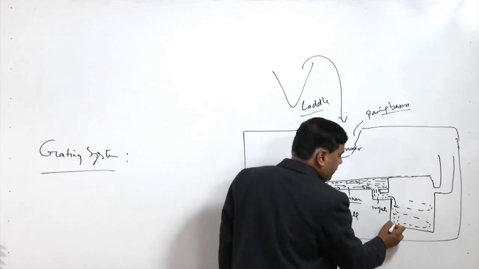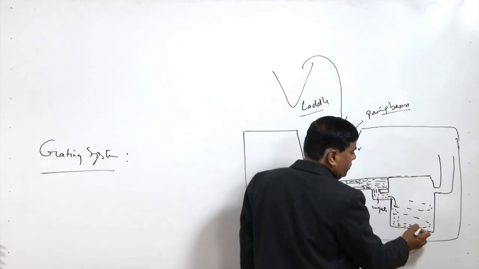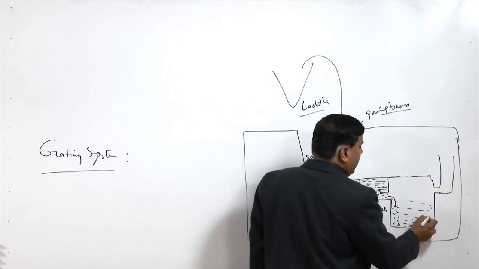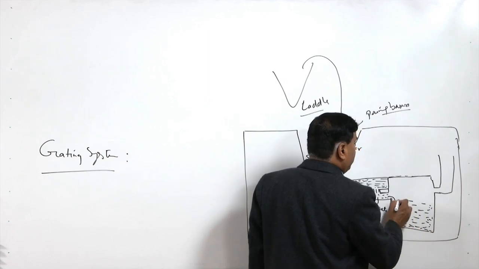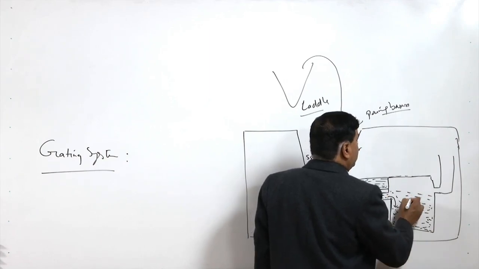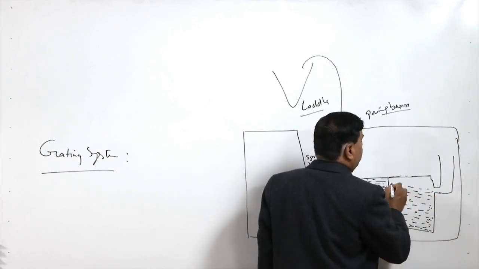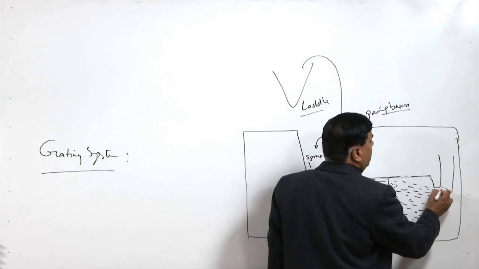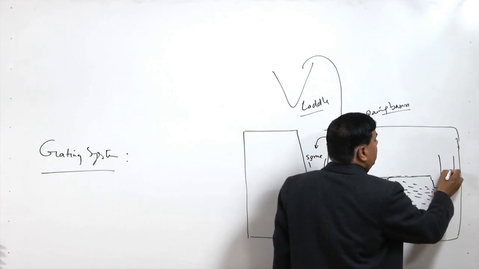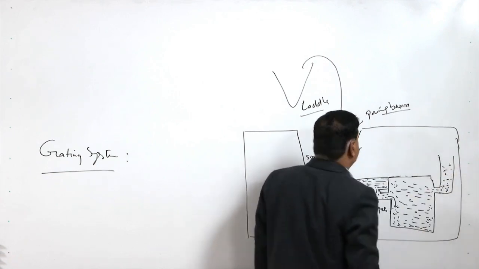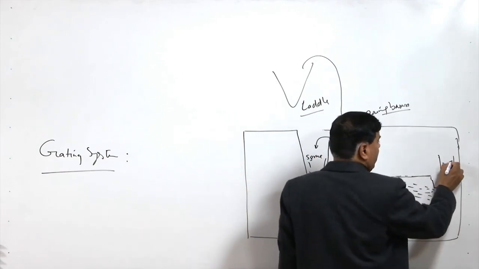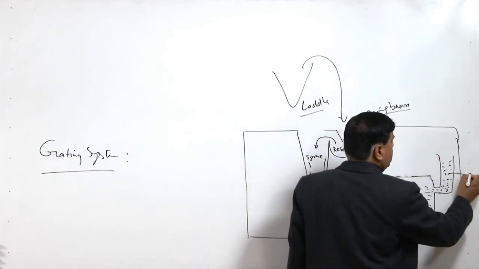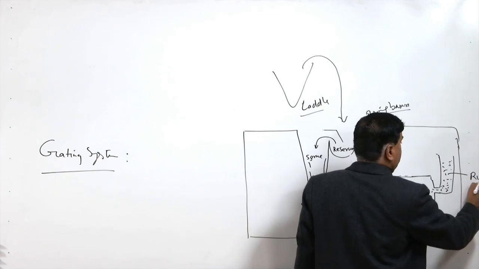Here molten metal first reaches through this wall to the bottom of the mold, and then it starts filling the cavity, and once the cavity is filled in, then molten metal will be rising into, or will also be filling, our riser. So, this is the riser.